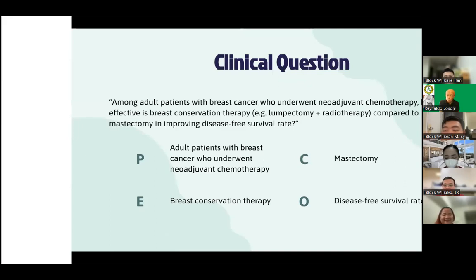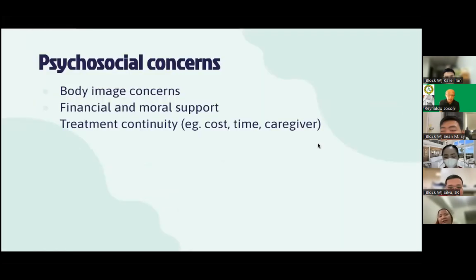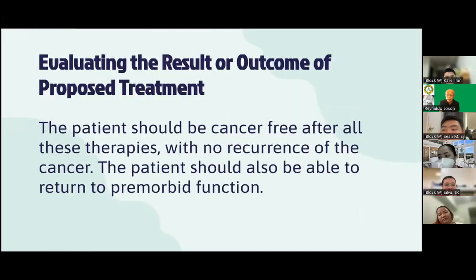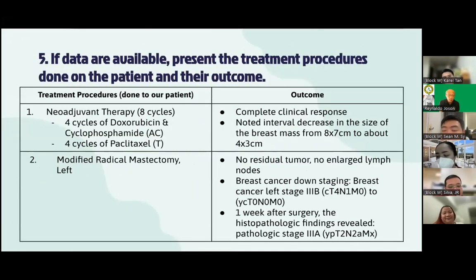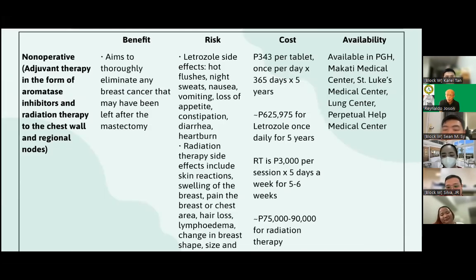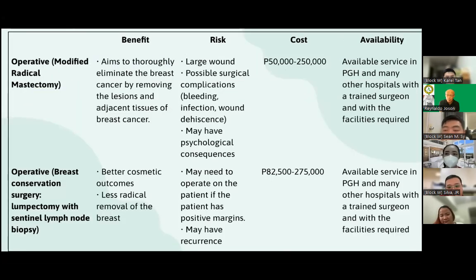In one of your slides in the discussions, there was mention of plastic surgical expertise coming in for the breast conservation, right? If that be the case, then the issue of applicability should be considered. If you don't have a plastic surgeon who can do it, then right away you have to do the modified radical mastectomy already.